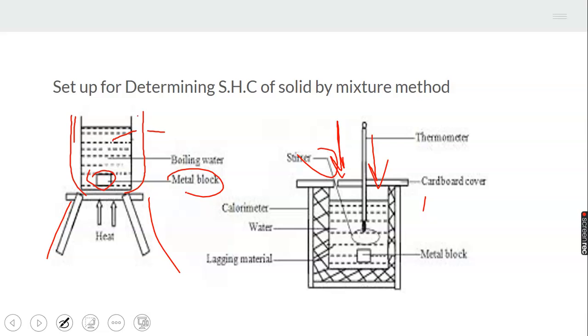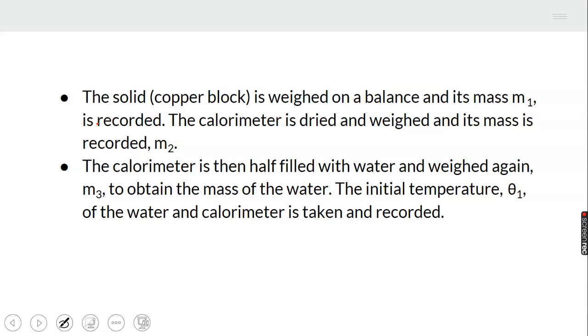We must also record the initial temperature of the cold water in the calorimeter, and the temperature of the metal block in the boiling water. All these are very important in determining the specific heat capacity of this metal block. So this is the whole process; I think I've explained it in that diagram. The solid copper block is weighed on a balance, and its mass, M1, is recorded.